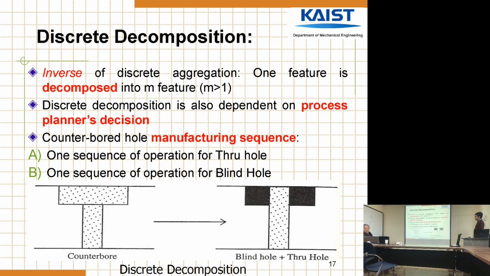For example, if we have a counterbore hole, its manufacturing sequence can be that you don't make it as it is, but you decompose it into two machining features. One is the longer blind hole, and then you widen the opening at the top. So you make it in two steps.